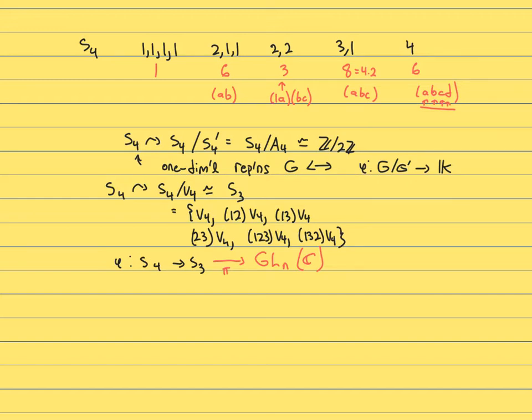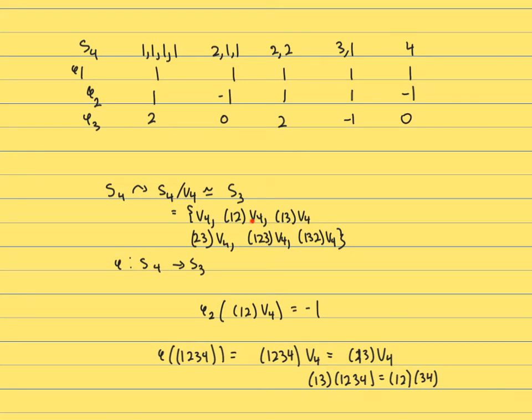What's particularly nice about this example is that the 6 permutations of S3 can be chosen to be coset representatives for this coset space. So this isomorphism is literally just equality in some sense. And so the point is, we can use the table we've already derived for S3 to get characters for S4.